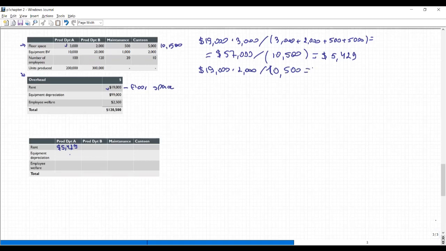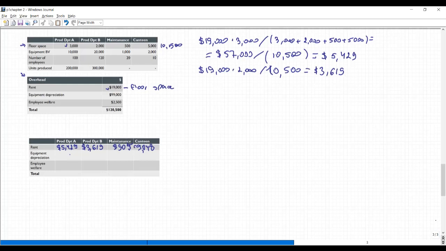And that is going to give me 3,619. For maintenance, that's going to be 905 even. And for canteen, it's going to be 9,048.